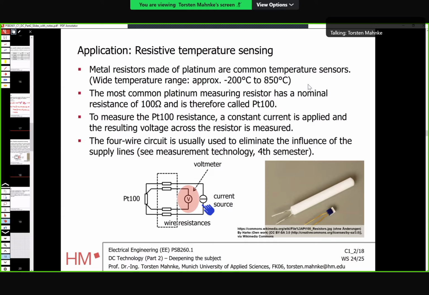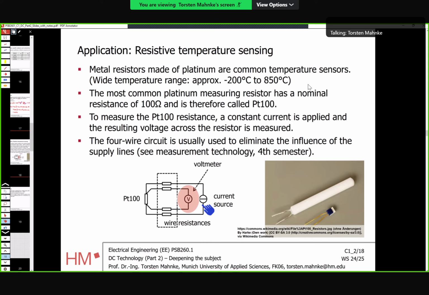They have a resistance. So the current flowing through the sensor is also flowing through these wires, and there will be a voltage drop along these wires, on the one side into the chamber and also on the other side out of the chamber. You cannot distinguish between the wire resistance and the sensor resistance, so your measurement may be incorrect.